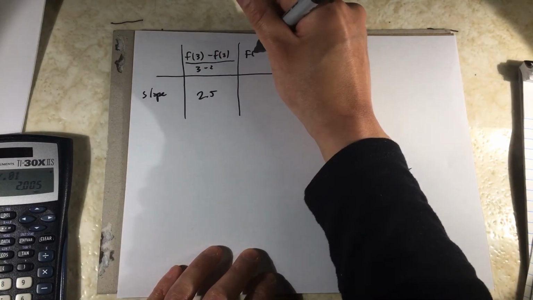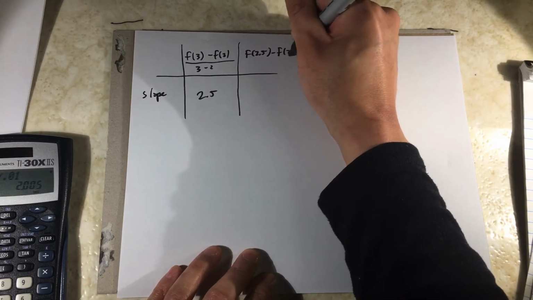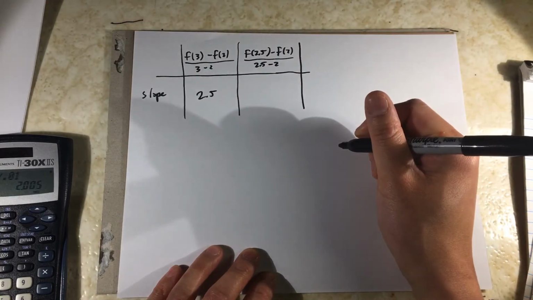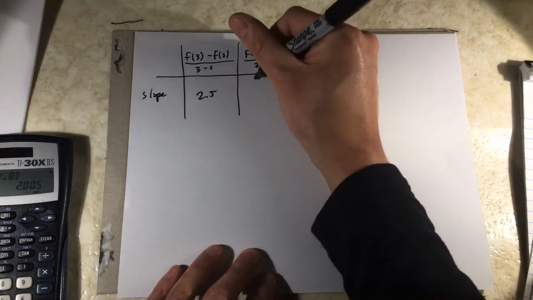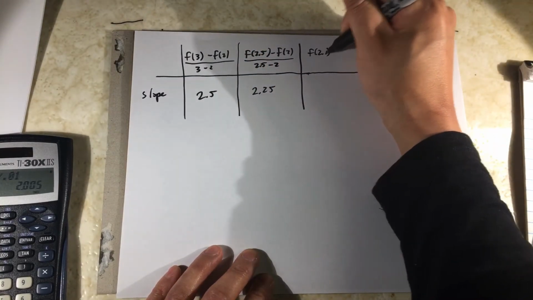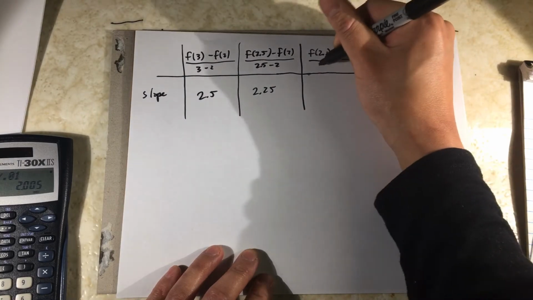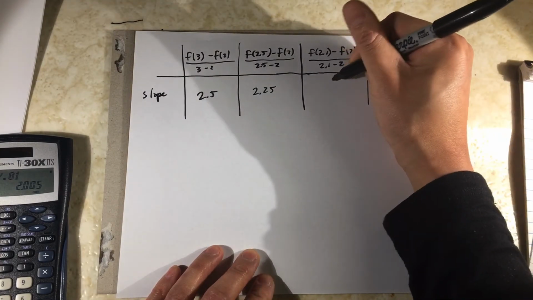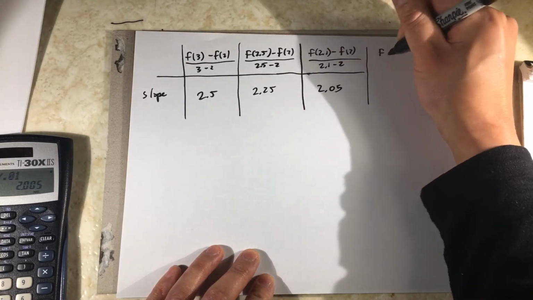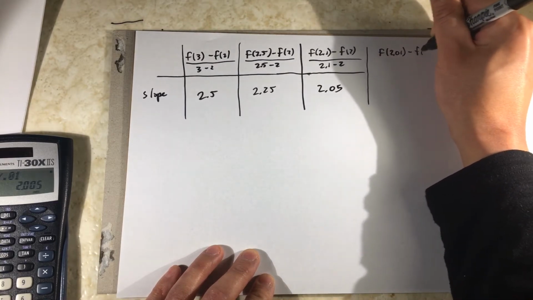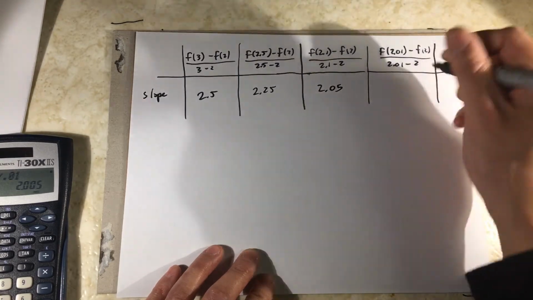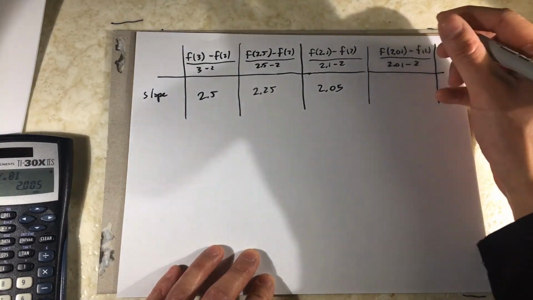Then we have f of 2.5 minus f of 2 over 2.5 minus 2, and the slope for that one was 2.25. Then we had f of 2.1 minus f of 2 over 2.1 minus 2, and the slope was 2.05. And then f of 2.01 minus f of 2 over 2.01 minus 2, and the slope for that one was 2.005.